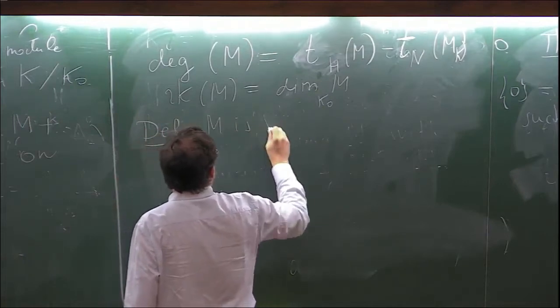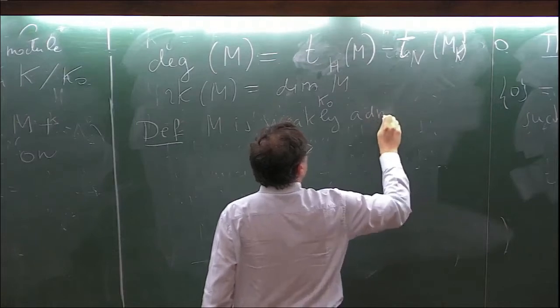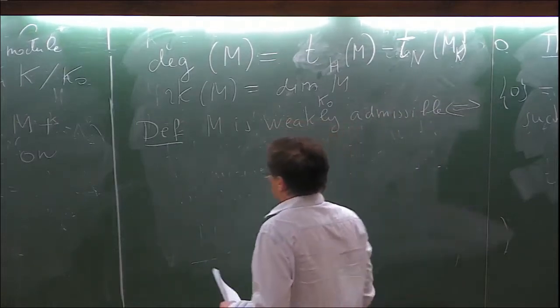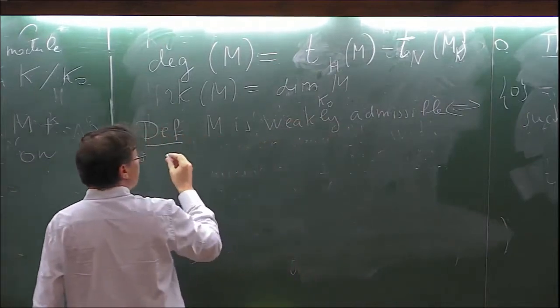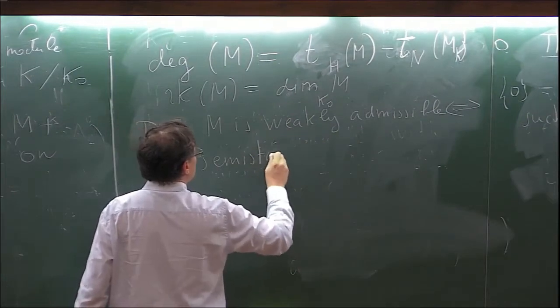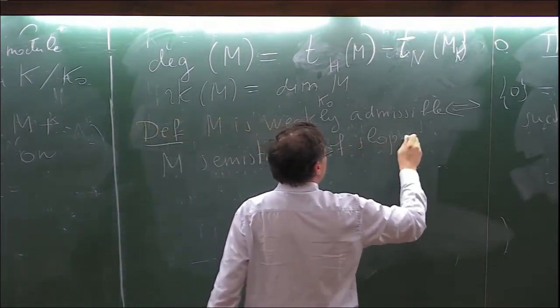Definition. M is weakly admissible if and only if it is semi-stable of slope 0.